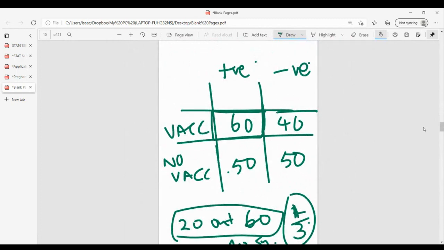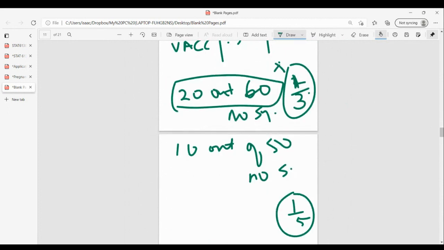But not only that, you'll have an idea of the percentage of those who are vaccinated who are carriers who don't show any symptoms, and you'll also have the percentage of the non-vaccinated who don't show any symptoms. Now, these two percentages are very important because they will give us an idea of by how much we should inflate the numbers.